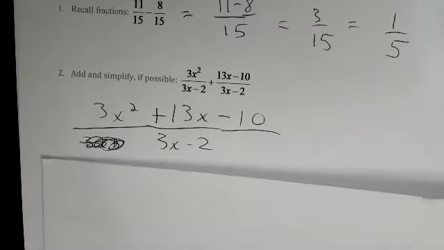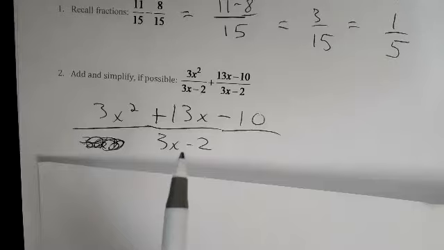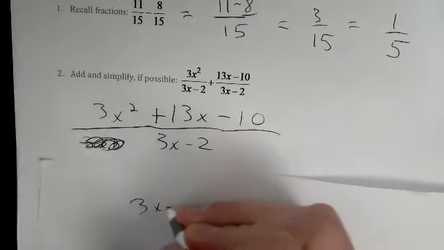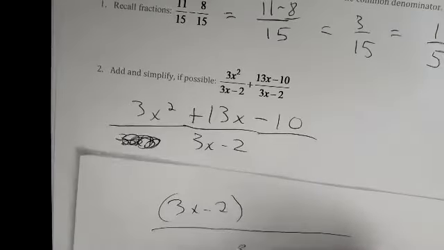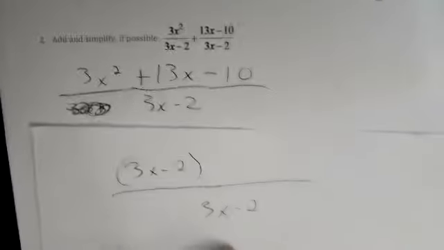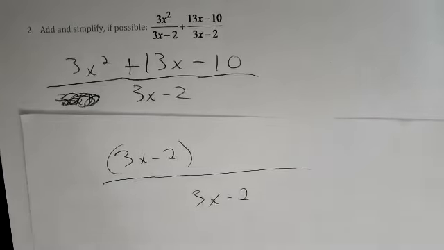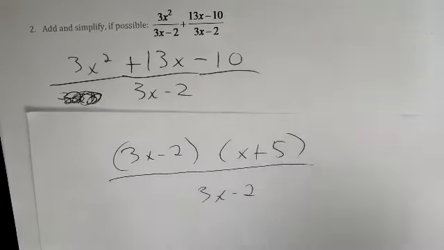So if we want to factor this thing, you might be able to guess there's probably a 3x minus 2. And if you want to maybe try to guess and check this, that might be one way.